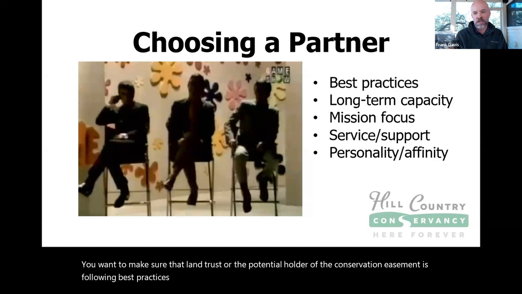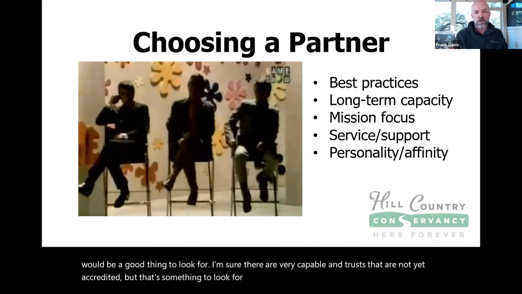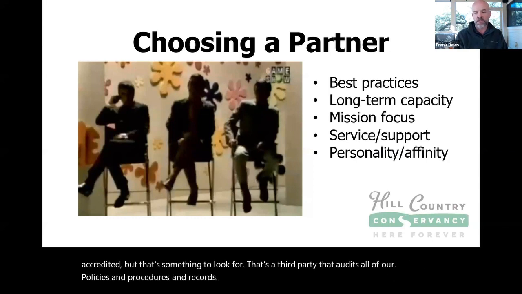In the land trust world, an accredited land trust would be a good thing to look for. I'm sure there are very capable land trusts that are not yet accredited, but that's something to look for. Accreditation means a third party audits all of our policies, procedures, and records on a regular basis.